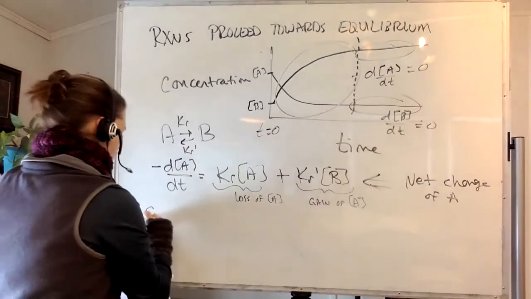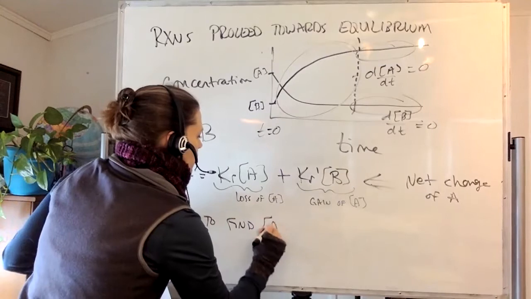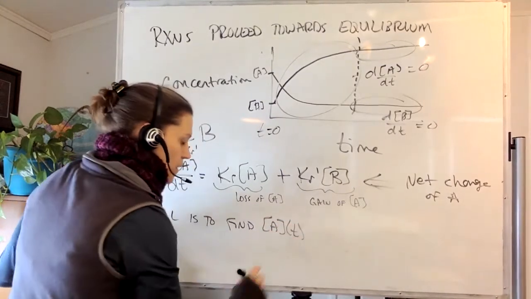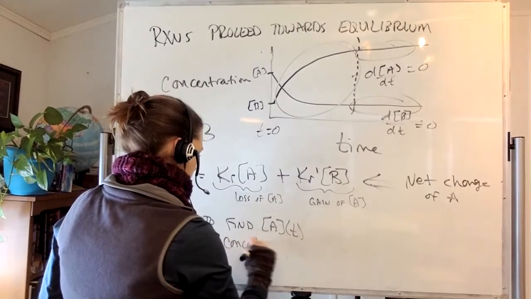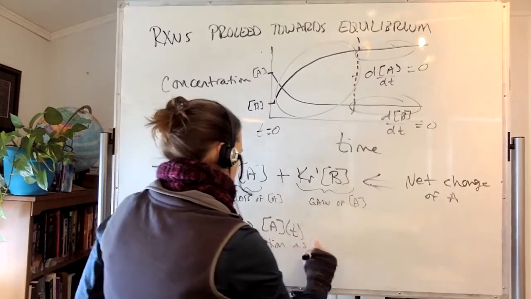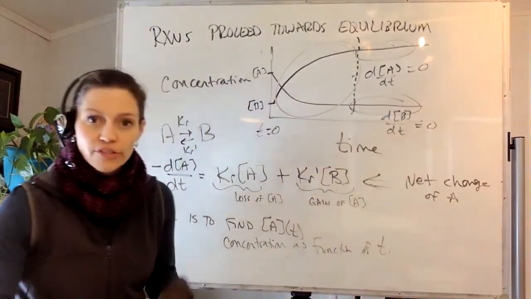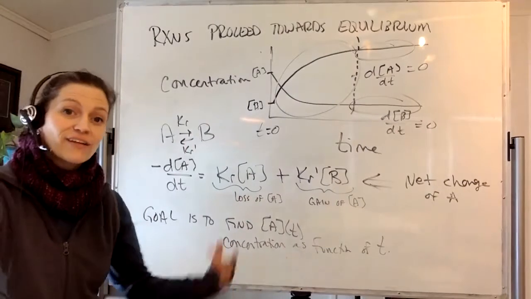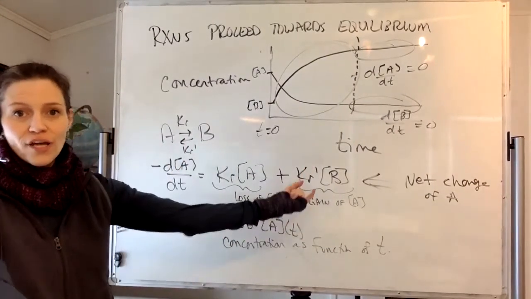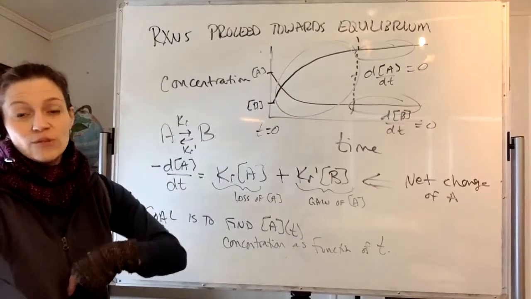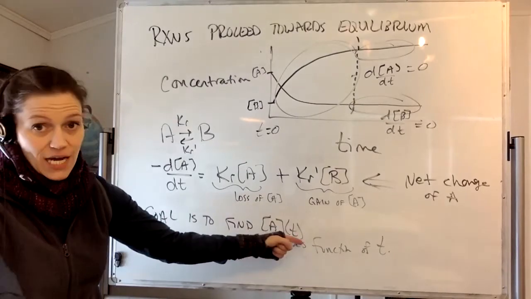So again, the goal is to find A, the concentration, as a function of t. Just like before, when we were determining the integrated rate laws, we wanted to find the concentration as a function of time, but now we're coupling the forward reaction and the reverse reaction. We've complicated things. So now we want to find A as a function of time.